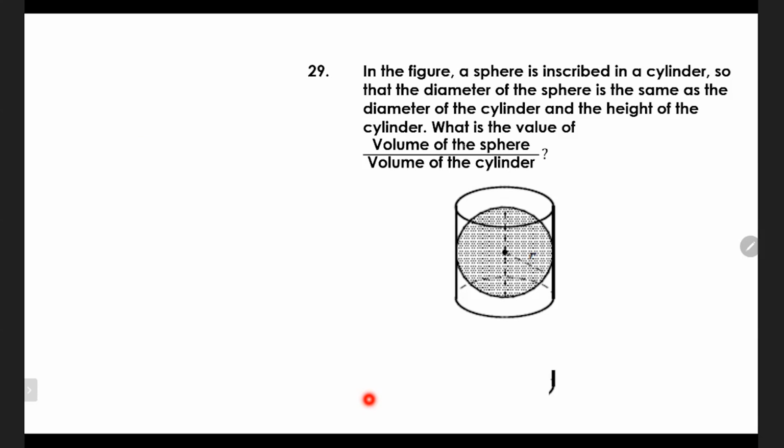What is the value of the ratio? So that means it is exactly fitting into the cylinder. So that means height is equal to 2 times radius.